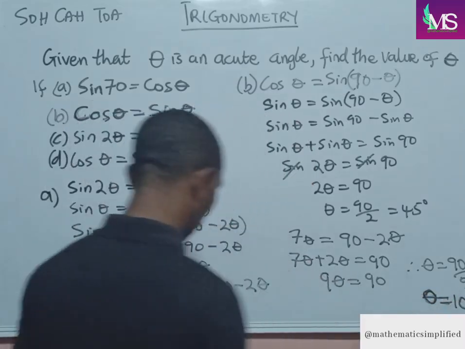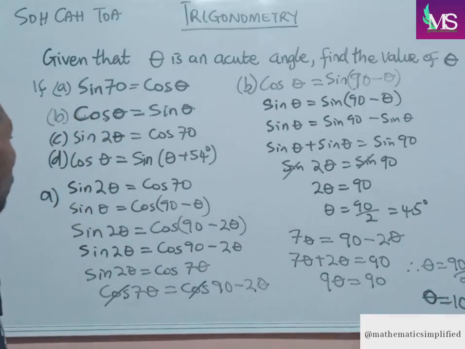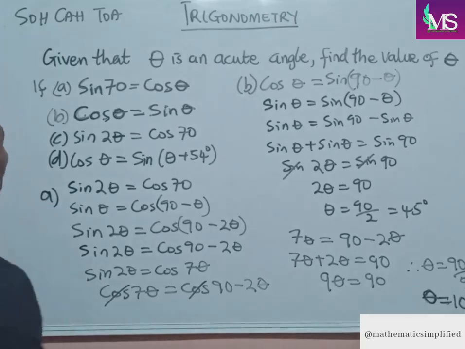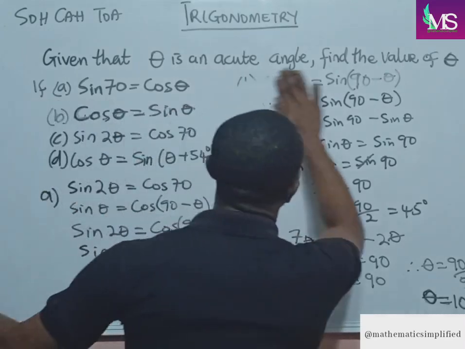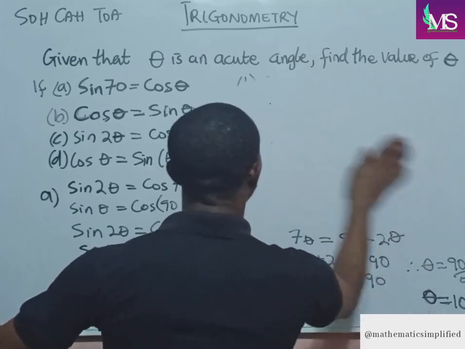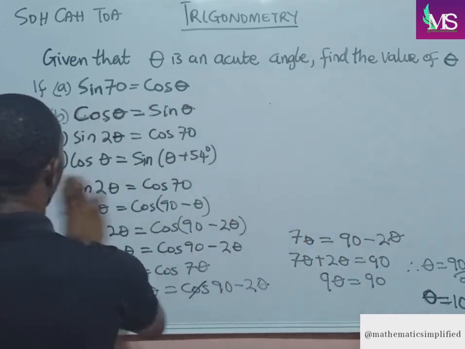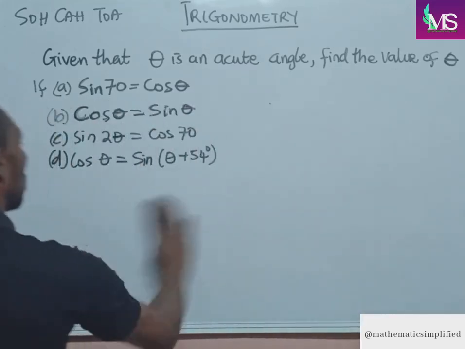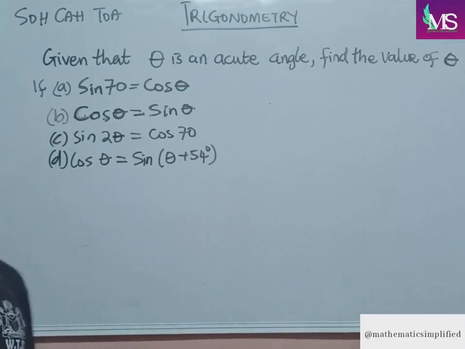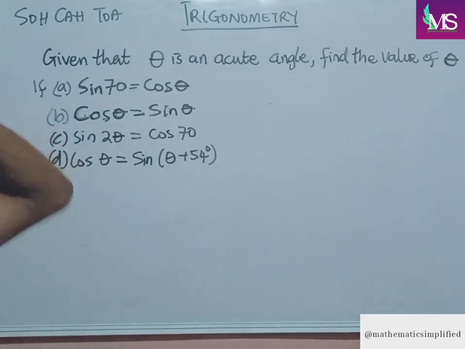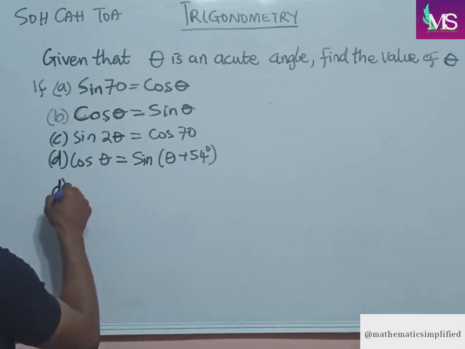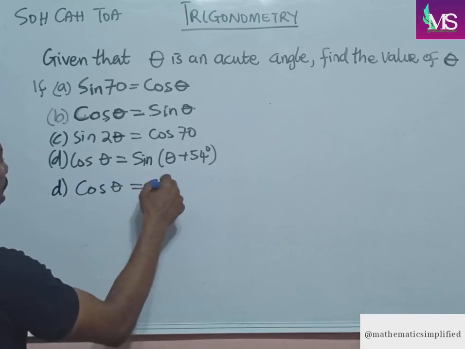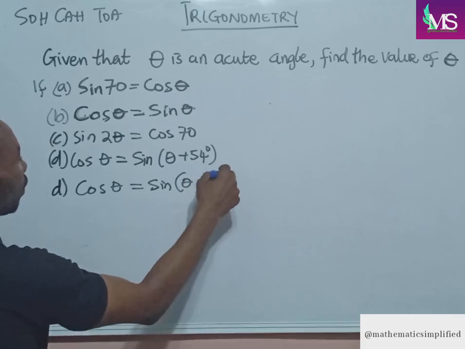So our theta for this will give us 10 degrees. Now, this is C. Looking at D, our D part says cos theta equals sine theta plus 54.